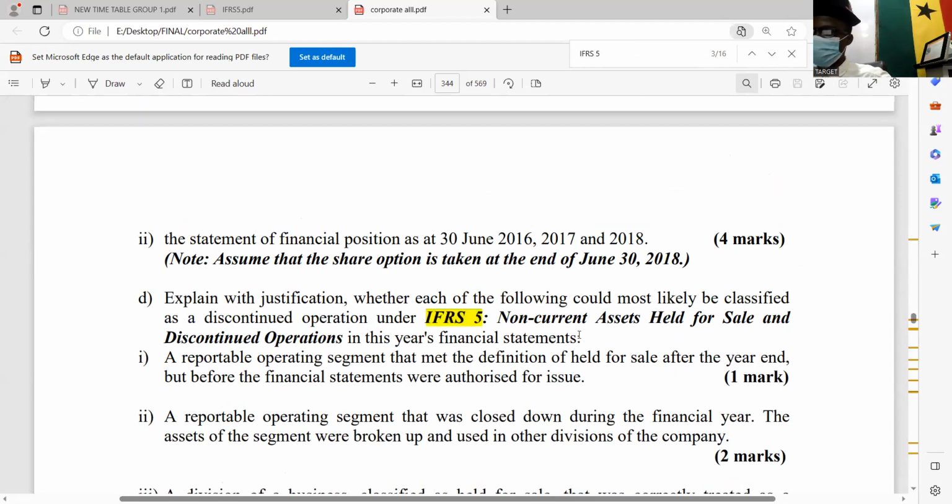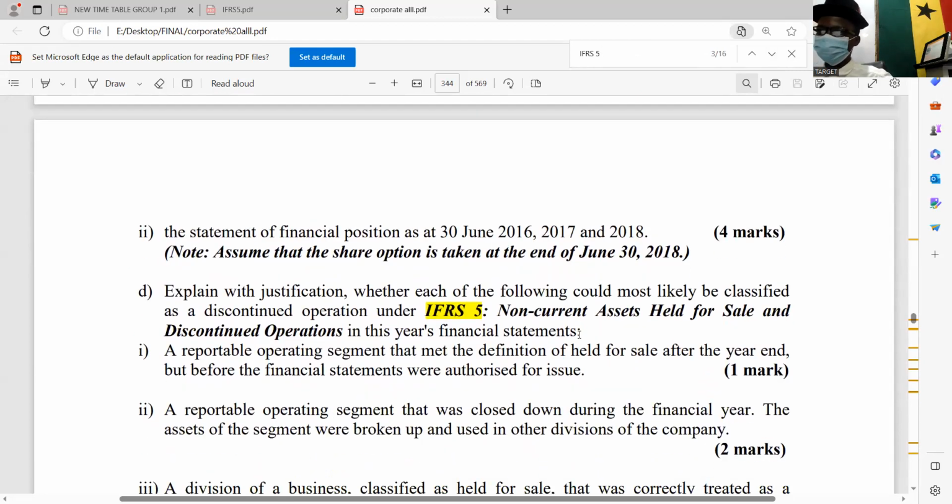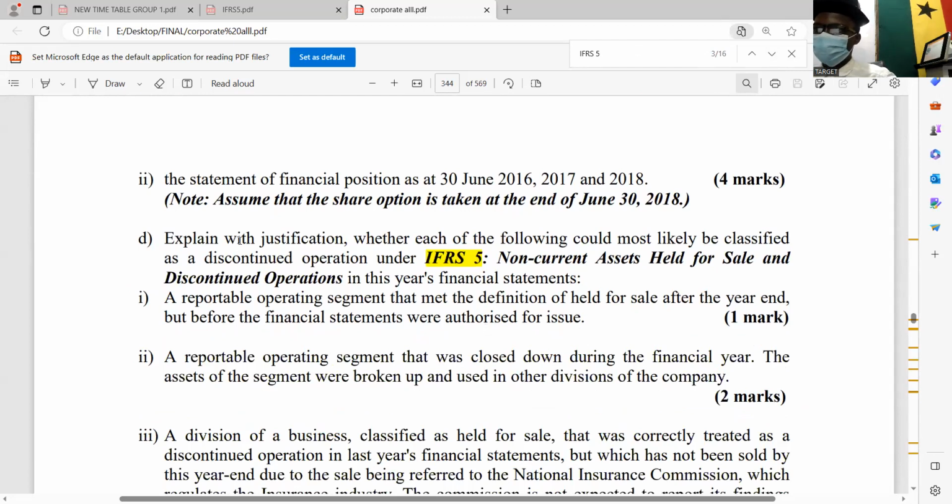Thank God I've seen it. So D, explain with justification whether each of the following could most likely be classified as discontinued operation under IFRS 5. I like this question.